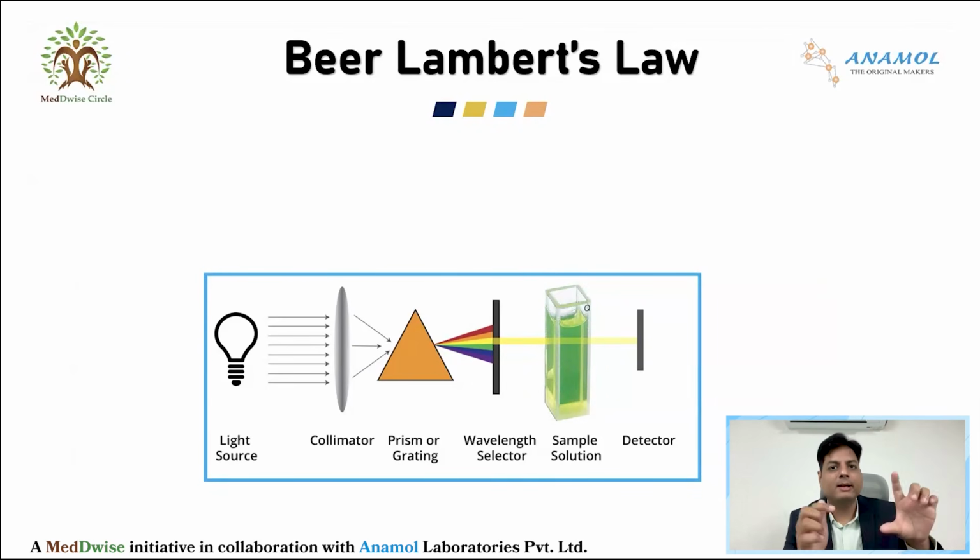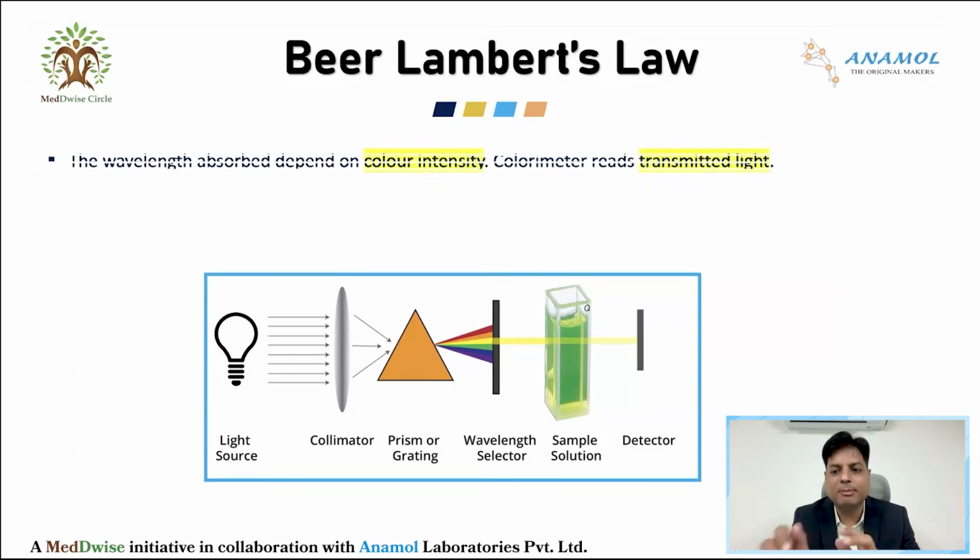Absorption means the light enters the colored solution and the solution absorbs the light. It does not allow the light to go away from the solution. So how much light will be absorbed by the colored solution? This depends primarily on two things.